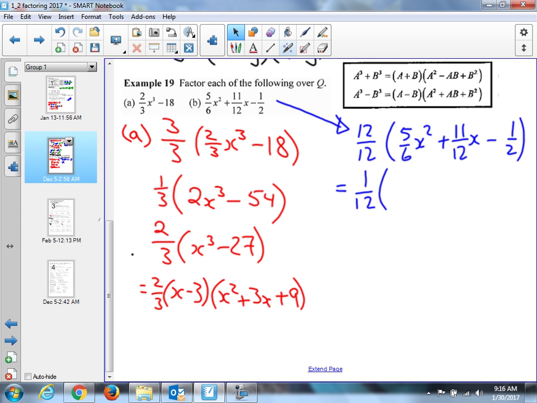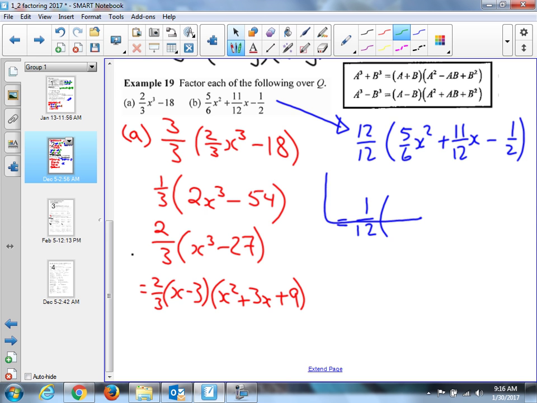Then, in your head, you think 5 out of 6 times 12. Let's move this down a bit. So what I'm thinking is 12 times 5 out of 6. What do you do with the 12 and the 6?